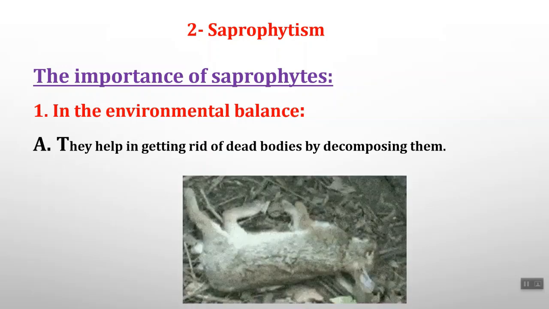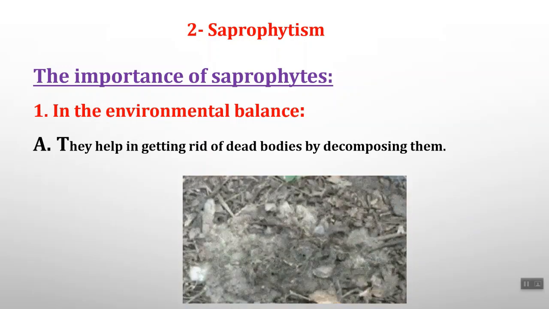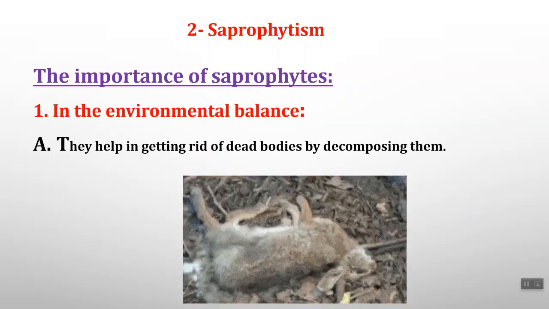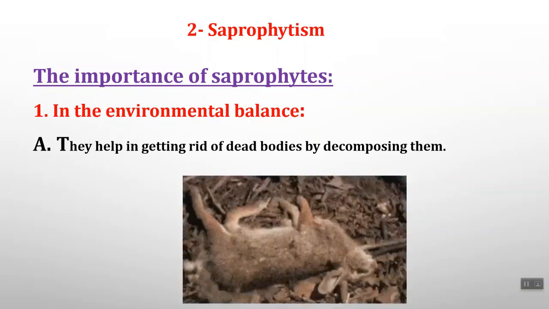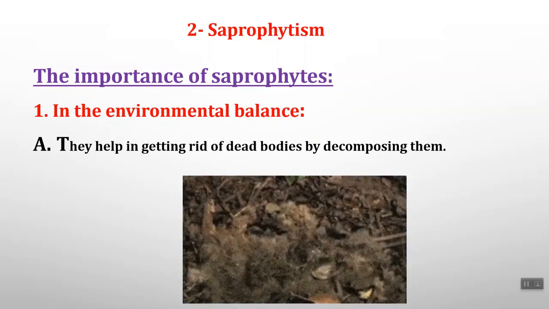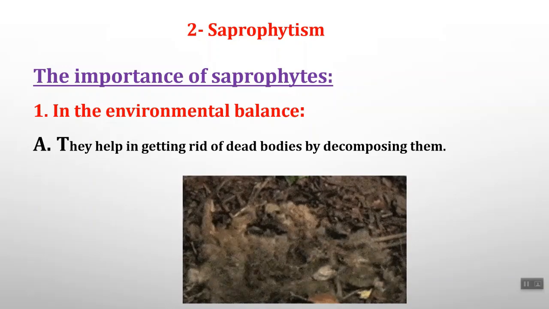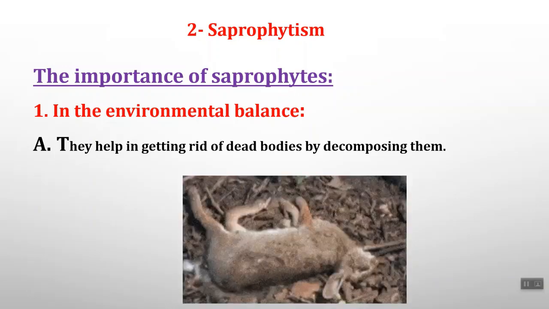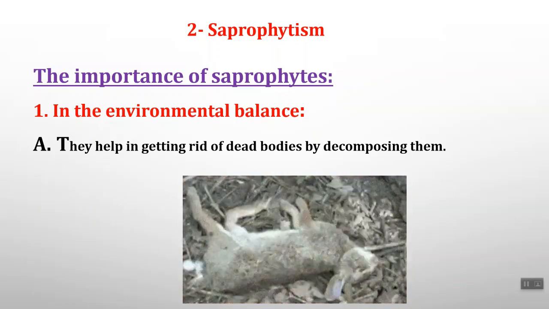As you see here in this picture, the decomposers decompose the dead body of this rabbit to get its food, and also put important materials such as carbon, nitrogen, and phosphorus in the soil. They are very important for growing new plants.